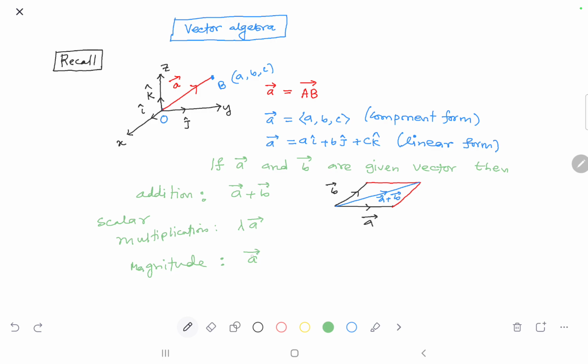If your vector has components a, b, c, then the magnitude of the vector is defined as the square root of a square plus b square plus c square. This is nothing but the length of the vector. Last time we did this kind of thing.